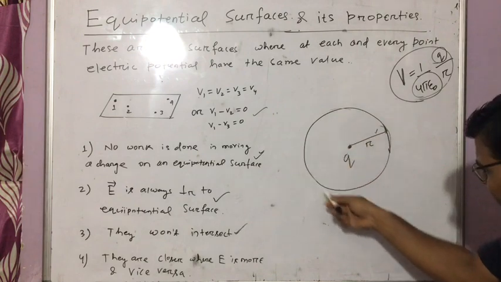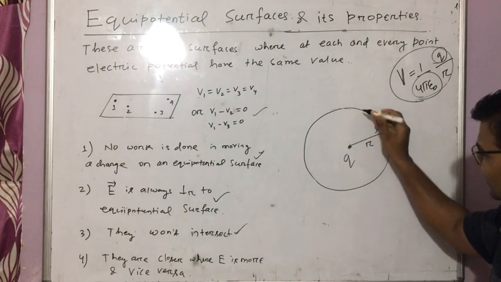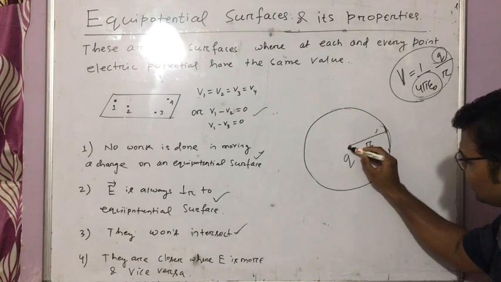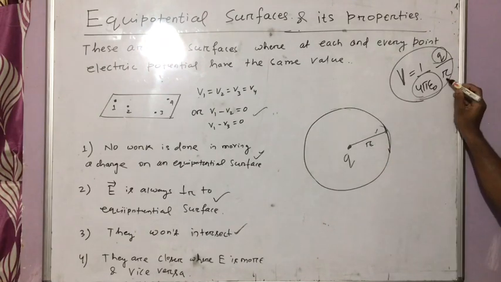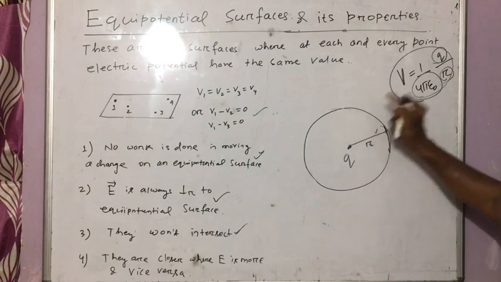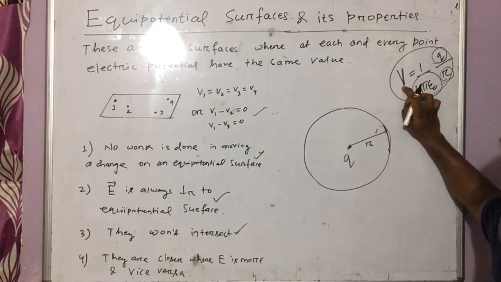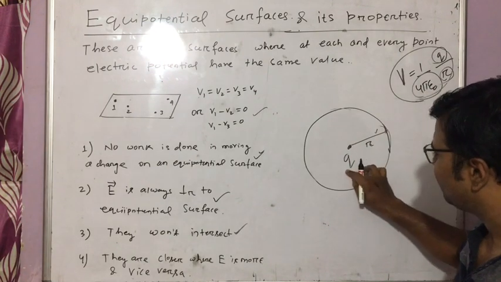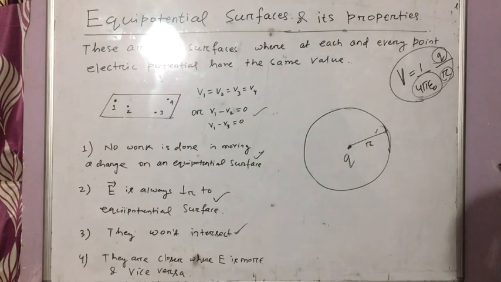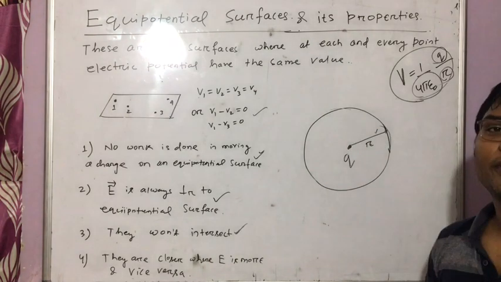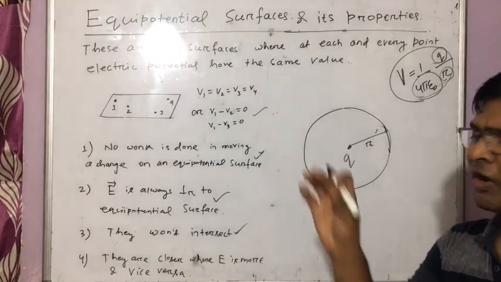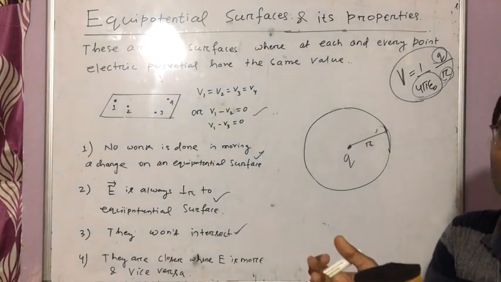Means the distance between the surface and the center is always fixed, which is R here. Means on the surface, the value of V or potential for a point charge is always fixed. It means the shape of equipotential surface for a point charge is spherical.